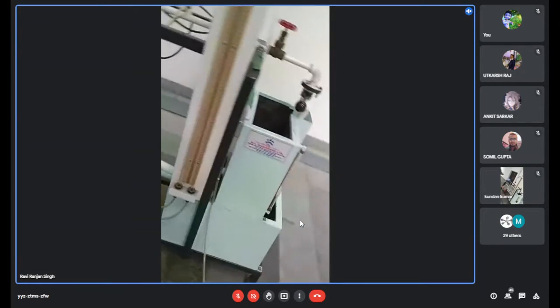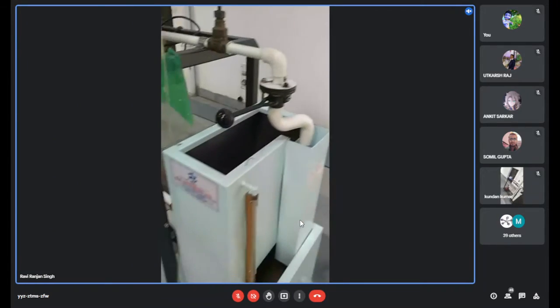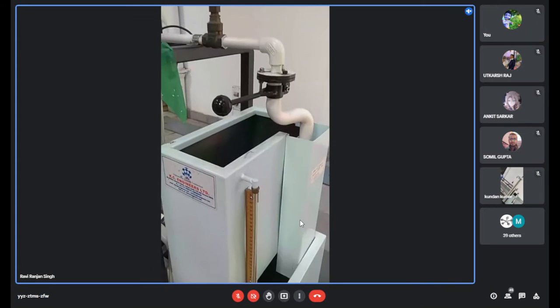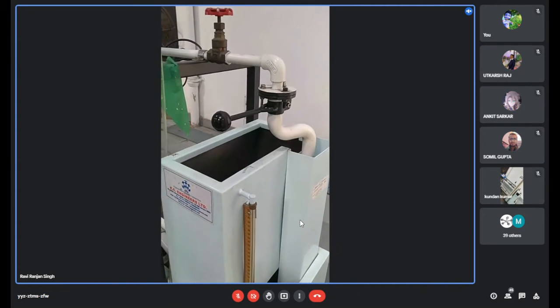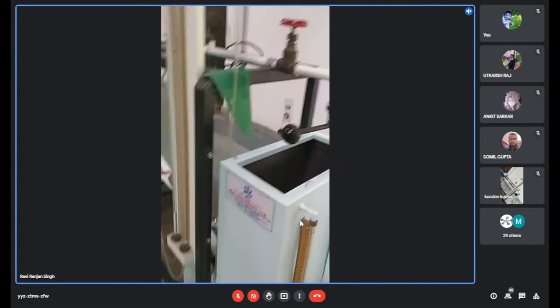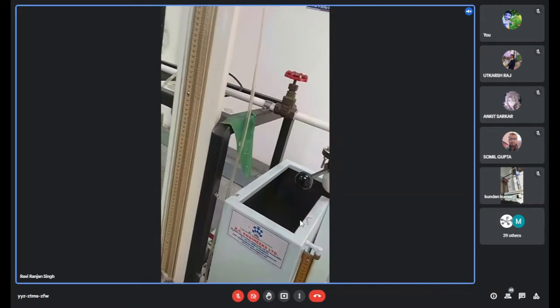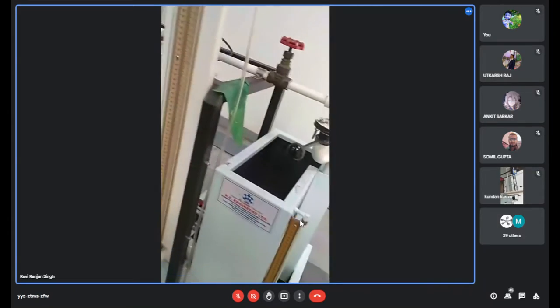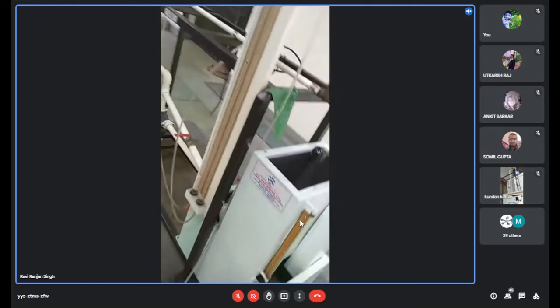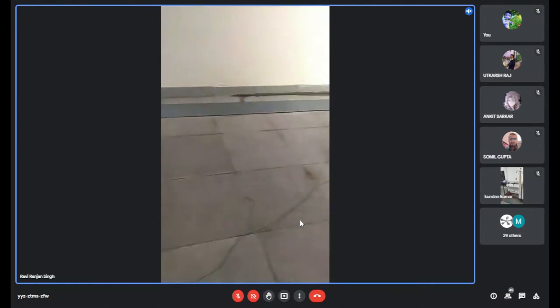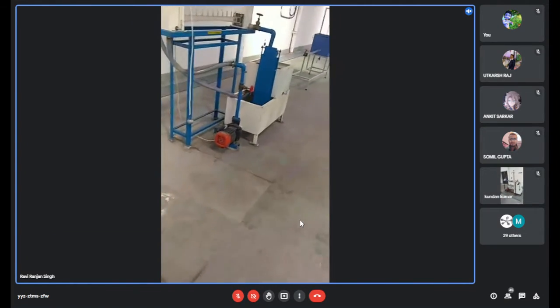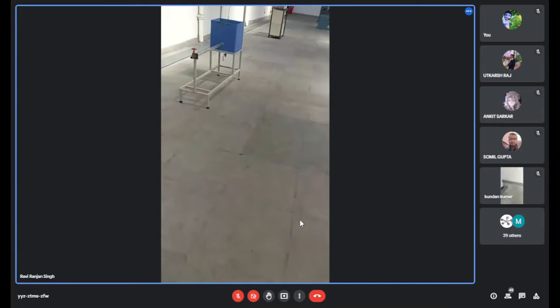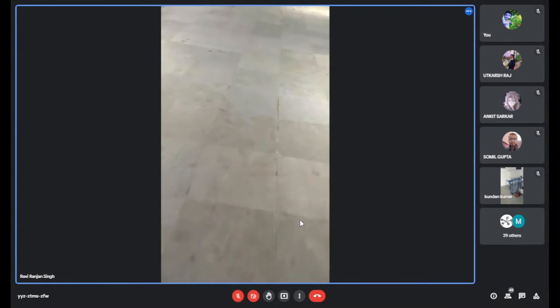And we have the flow measuring device, flow measuring tank, and after measuring the flow we can measure the velocity, and after measuring the velocity and the pressure we can calculate the losses in the pipes easily by the Darcy-Weisbach formula. I think you all know about that Darcy-Weisbach formula.